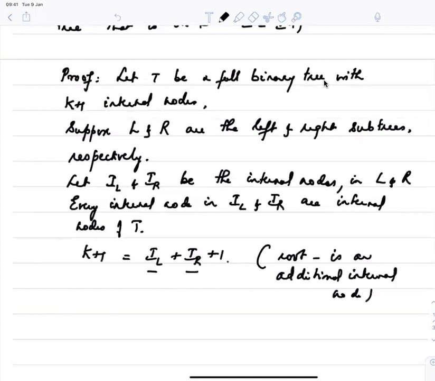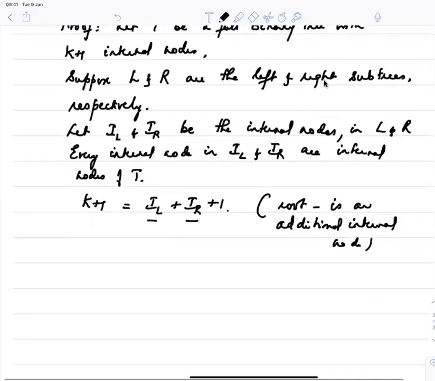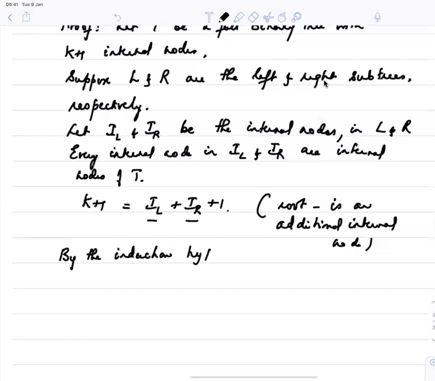Okay. So clearly, by the induction hypothesis, we know that it is true for every k, 0 through k, L must have IL plus 1 leaves.